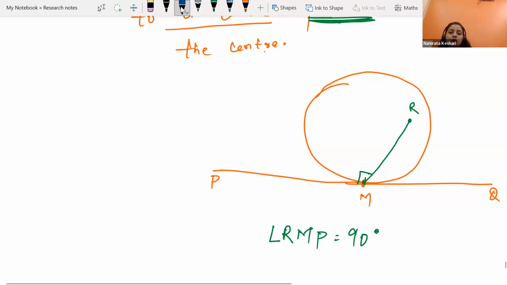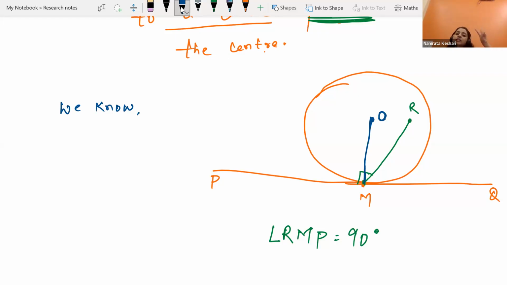Now what we can do, we will join the radius over here, to the center. This theorem is actually very simple. We will be taking the contradiction and writing the theorem which we already know in this chapter. Only two theorems we know.